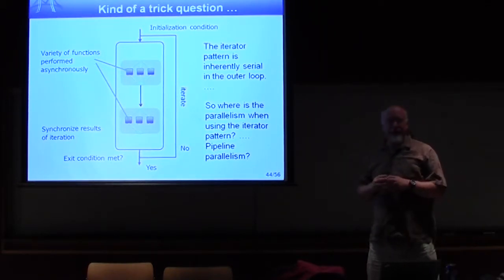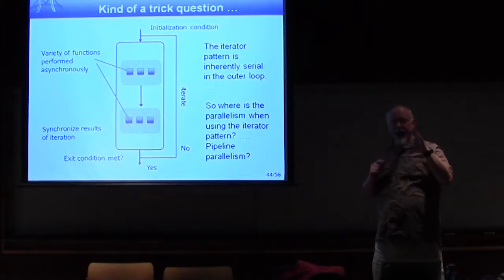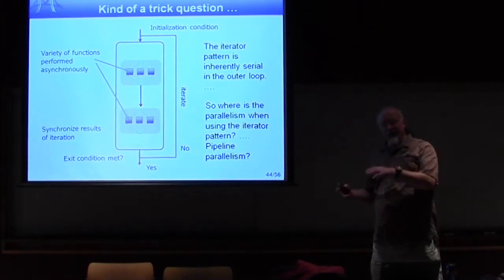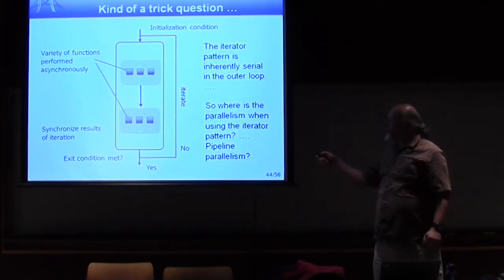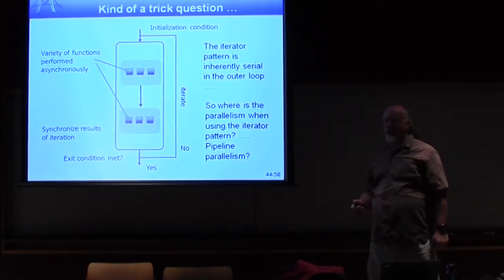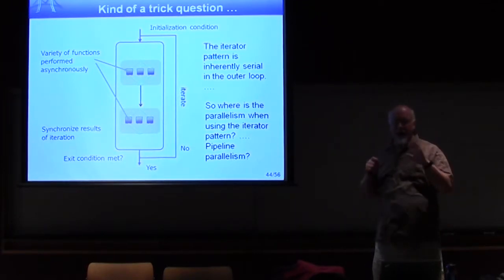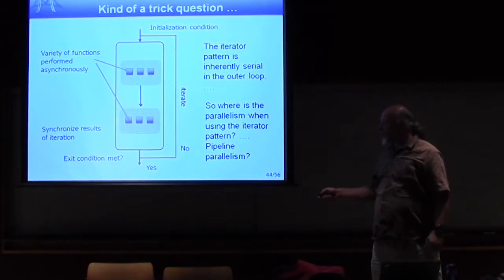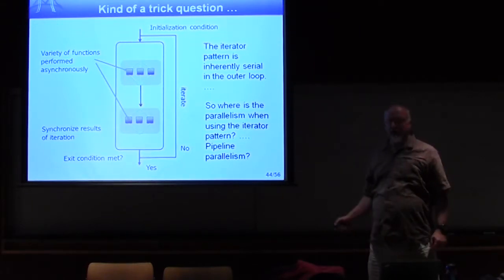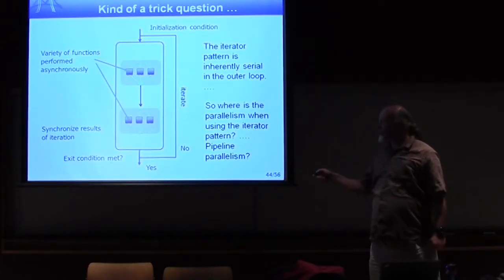So this is my example of where a pipe and filter may lend itself to pipeline parallelism or not. Because remember, once we start this initialization condition, it's kind of like go, but we don't draw any more data until we're all the way down to the exit condition met. It's just all cooking inside here, right?